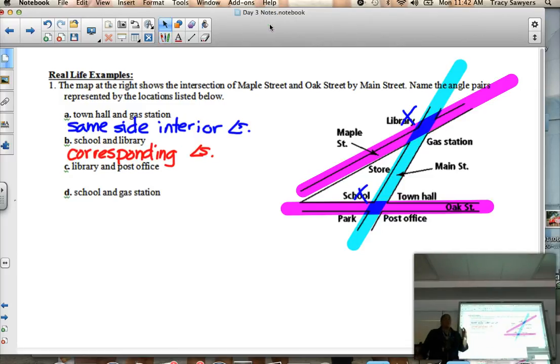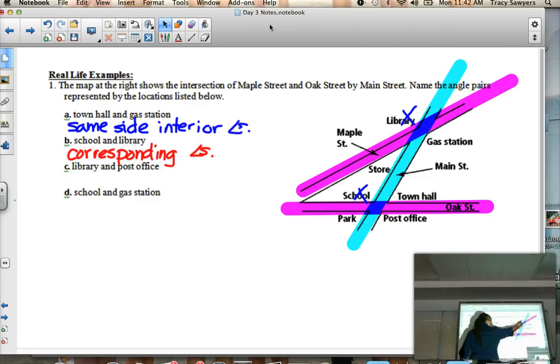What I like to get people to remember, because corresponding seems to be the one that students struggle with the most, is this: if I say that Oak Street is my line, and we know that the blue is a transversal, the school is above the line and to the left of the transversal. Does everybody see that? Okay, and then the library is above the line and to the left of the transversal. That's how we know that they're corresponding.